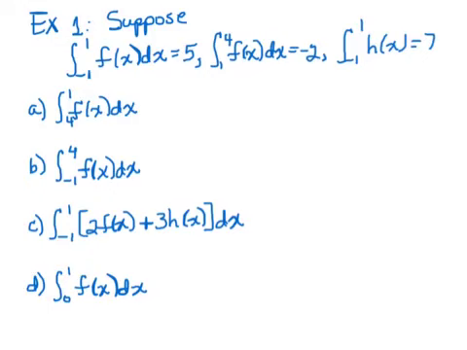The smaller number is supposed to be on the bottom in the A position. So what the order of integration rule tells us is that we can take the negative and switch the limits of integration and put them in the correct order.